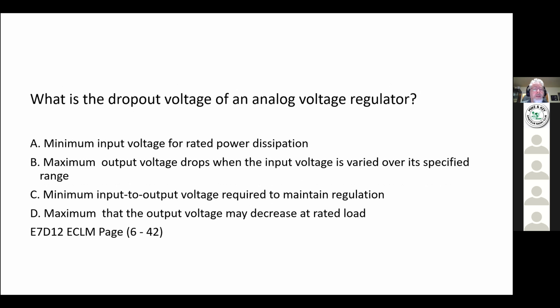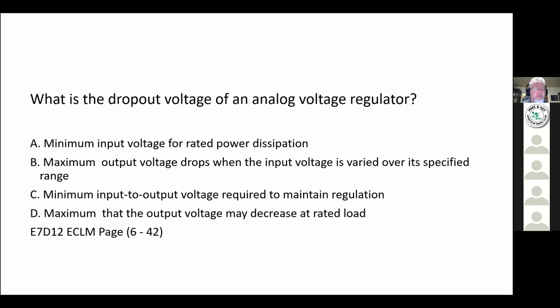What is the dropout voltage of an analog voltage regulator? A, the minimum input voltage for rated power dissipation. B, maximum output voltage drops when the input voltage is varied over its specified range.